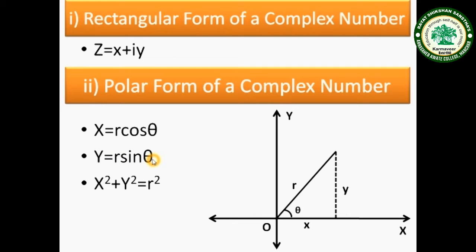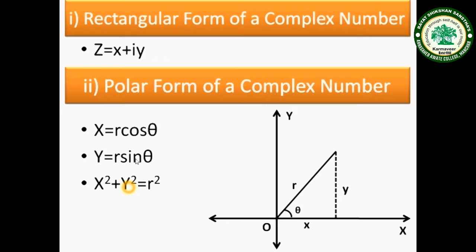If we square x and y individually and add them, then x square plus y square is simply equal to r square, because cos square theta plus sin square theta is equal to 1.